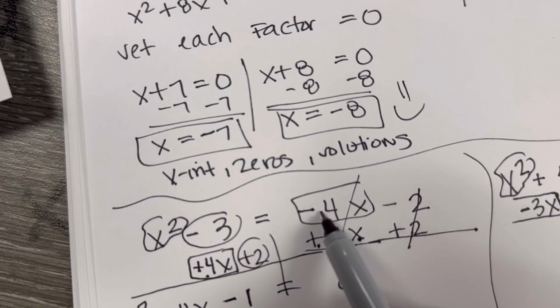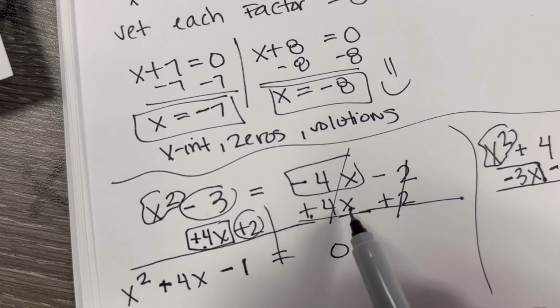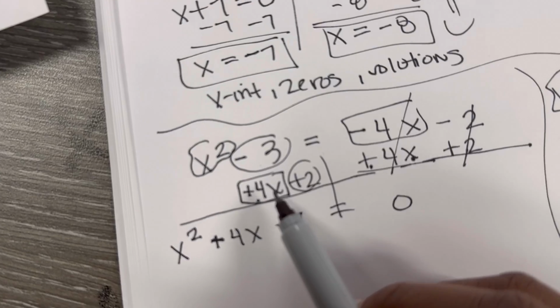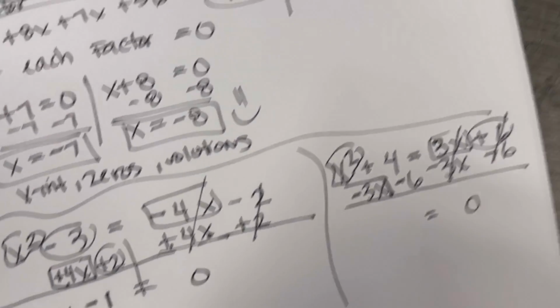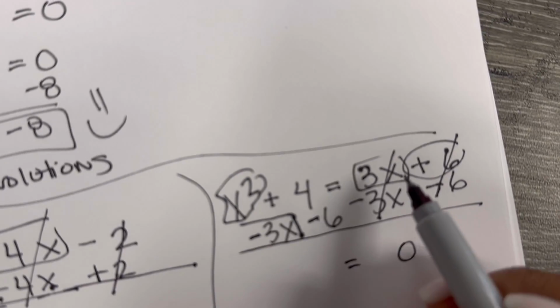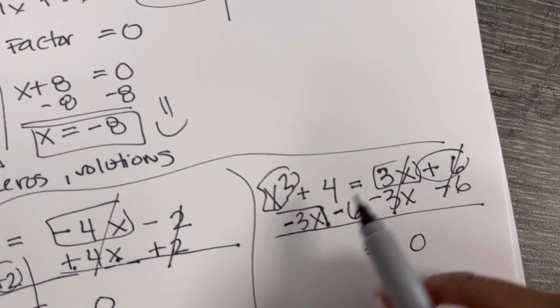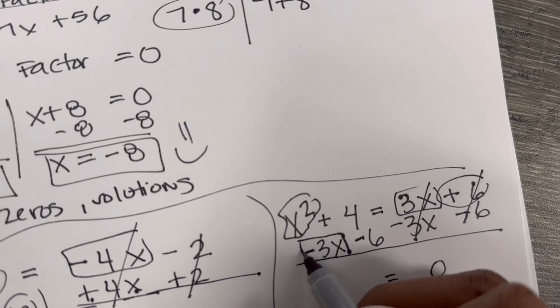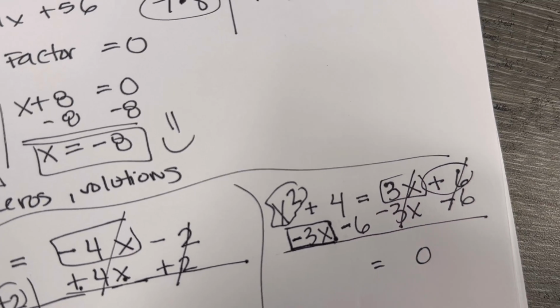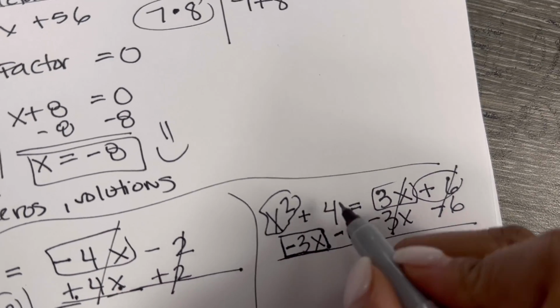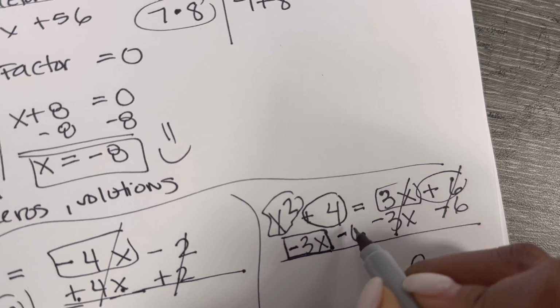This was subtracting 4x, so you had to add 4x. You have to add 4x over here. That was just a mistake. Okay, so you got 3x here, so you have to subtract 3x, right? So subtract 3x over here. This is the only x term, so that's its own situation. These are both numbers, so circle those.